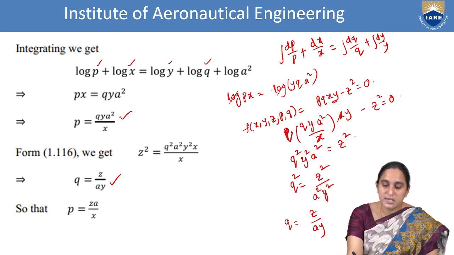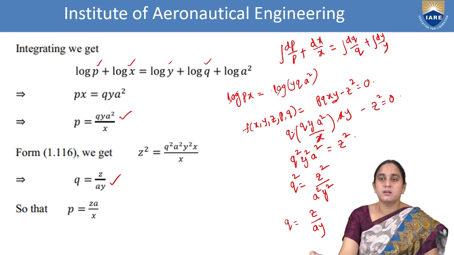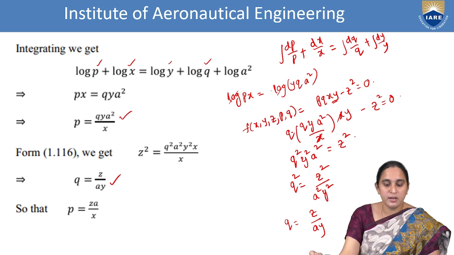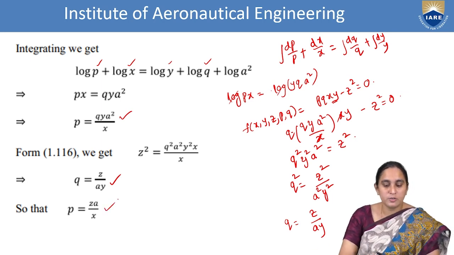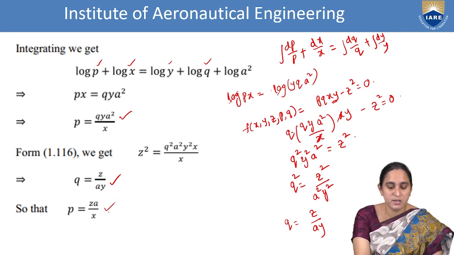Here in place of p, I am substituting qy a square by x. After the simplification, we got q is equal to z by ay. From the auxiliary equation, we got p is equal to za by x.